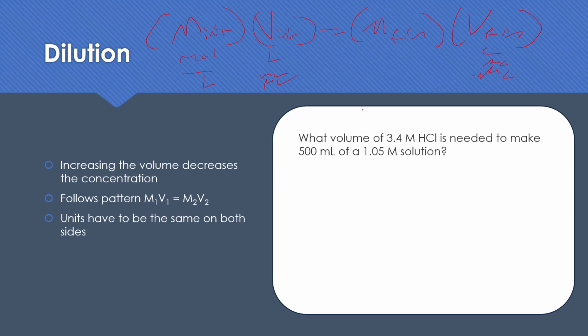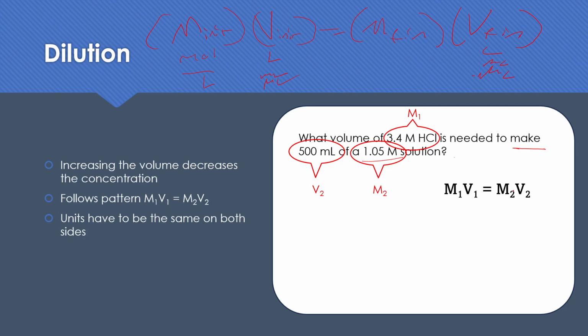Okay, so if I were to ask what volume of 3.4 molar HCl is needed to make 500 milliliters of a 1.05 molar solution? Well, the most important thing here is to identify what numbers I have. The higher molarity is always going to be your M1. Then it's saying we make 500 milliliters, so that's our V2. And 1.05 molar, the smaller concentration, is our M2.